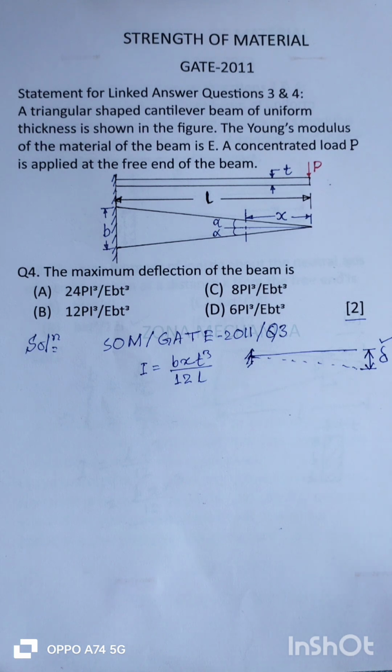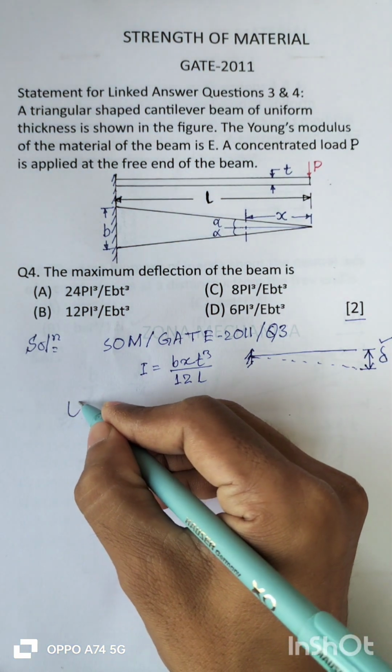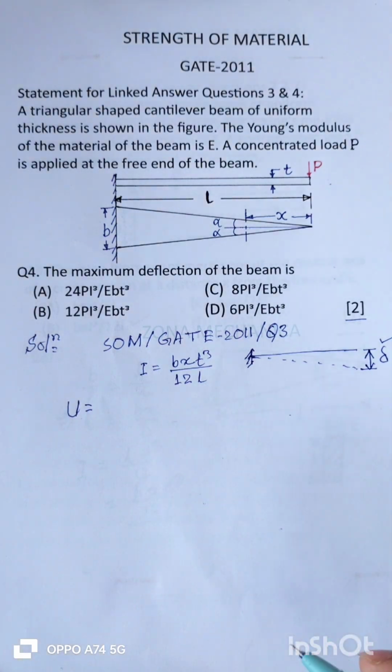We can solve this question easily by the strain energy method. If we can find out the strain energy stored in the beam, then we can calculate delta easily.